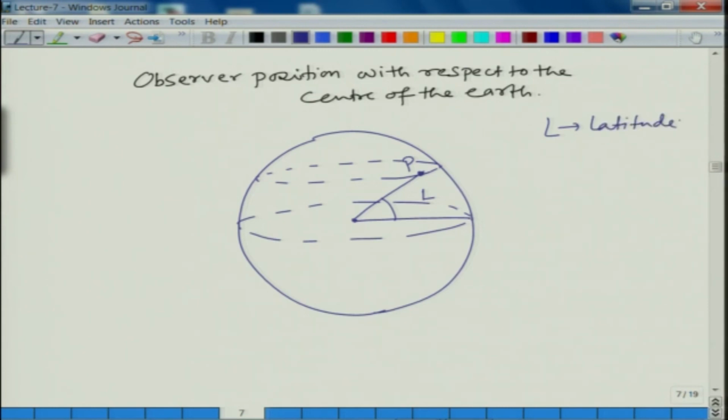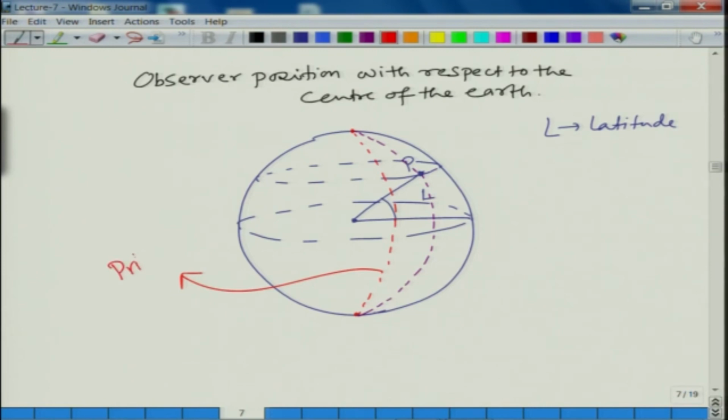The other angle that we need is, if these are the poles, you can draw these half circles along the surface of the earth, and one of them is our prime meridian, right.